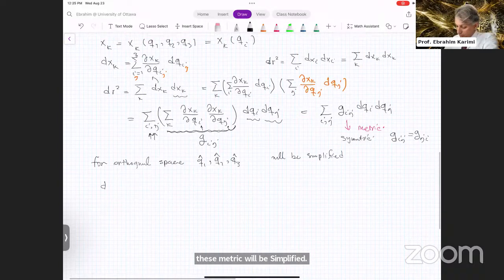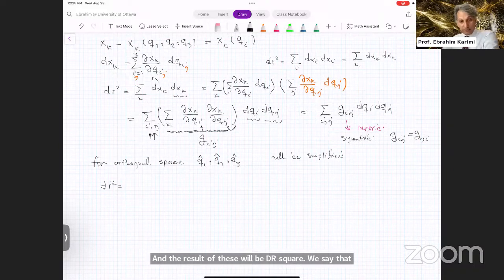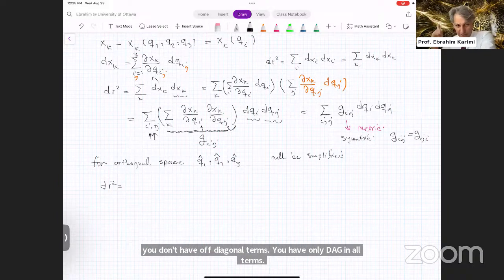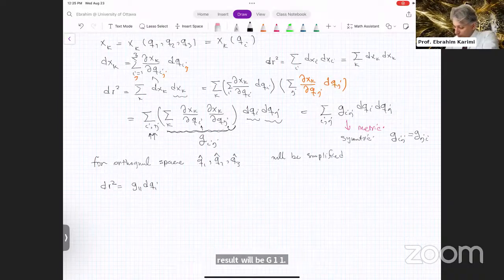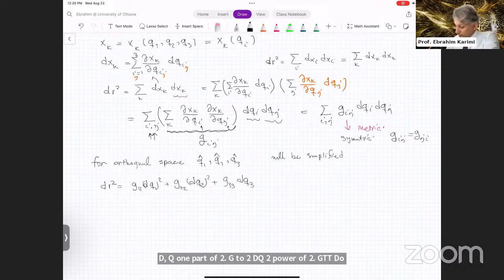And the result of this will be dr squared. We say that you don't have off-diagonal terms, you have only diagonal terms. So you have G11, G22, G33, and the result will be G11 dQ1 power of 2, G22 dQ2 power of 2, G33 dQ3 power of 2.